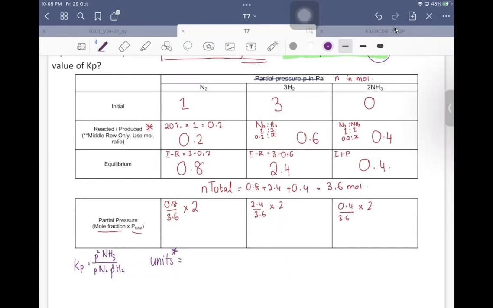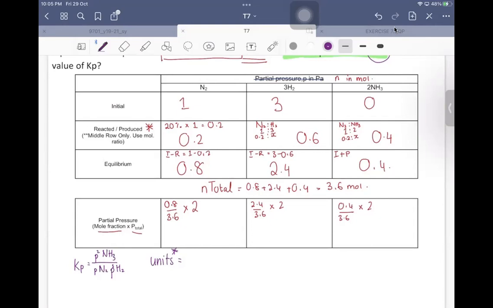What do I want to do now? Okay, I will take a break from the notes. I want to bring your attention to your exercise 7.1.